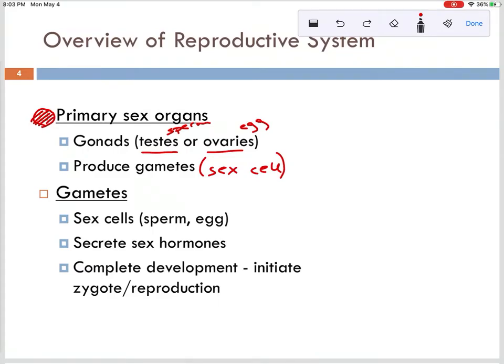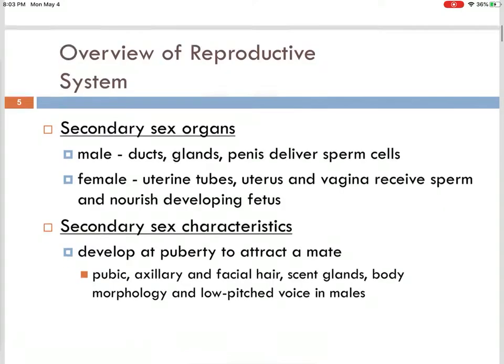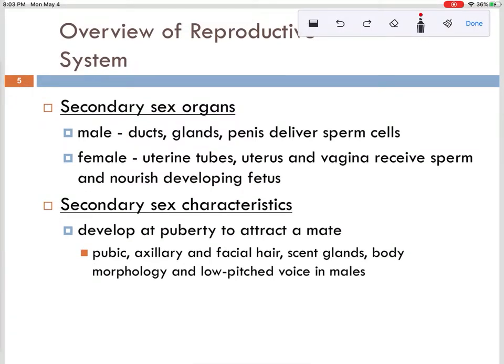The gametes are the sex cells, sperm and the egg. In addition to being able to unite to form a zygote, these sex cells also have the ability to secrete sex hormones, which we already know about from the previous chapter. So make sure you know what a gamete is. Every other organ of the reproductive system is considered to be secondary.